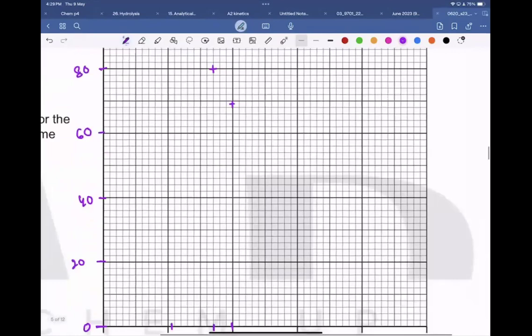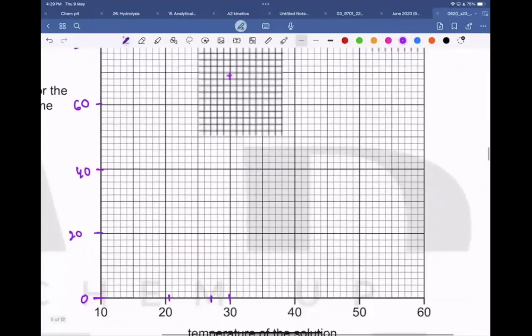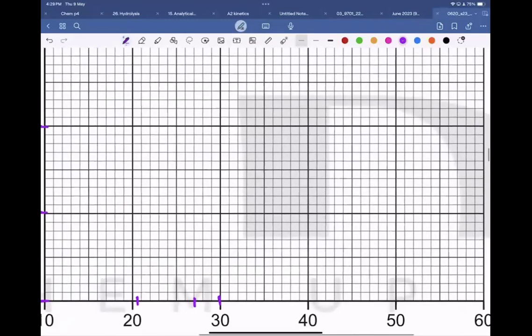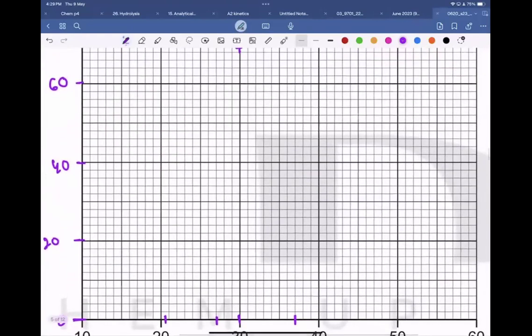Okay. Then at 37, it's 46. So 37 is over here and 46. So 40, 42, 44, 46. So 46 is going to be over here.